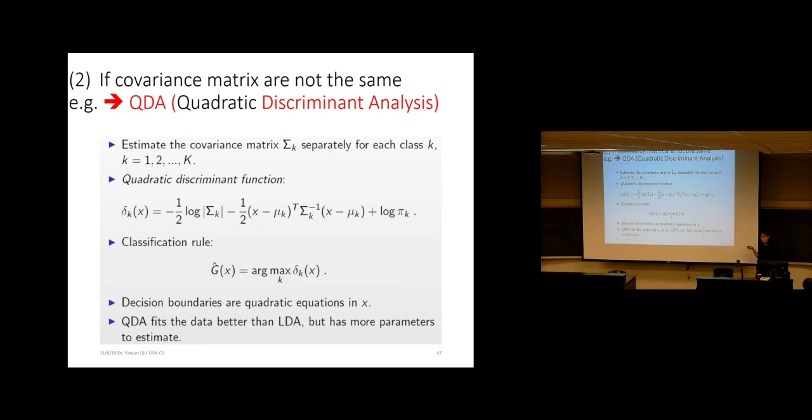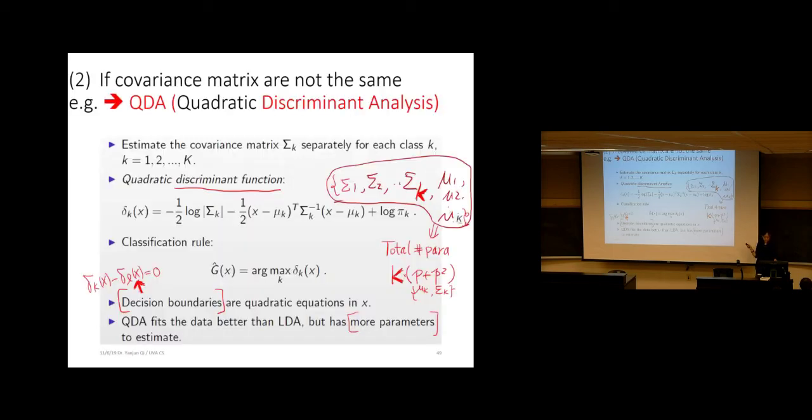Even though there's a lot of description in the literature and statistics books, in fact you assume each class is Gaussian, and you learn the mean mu k, learn the covariance sigma, and learn the prior. In a lot of cases people call this the quadratic discriminant function, but in fact it's just the log of the conditional probability and the log of the prior. People just name it with a different name, but nothing special here at all.